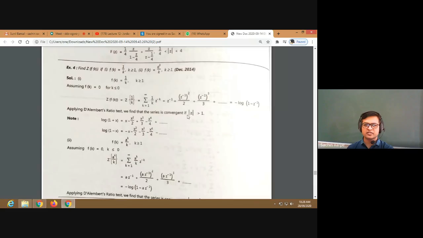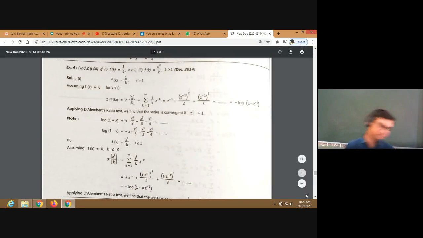Most of the time, students are used to writing only the Z transforms without their region of convergence, but that is wrong. Remember, the Z transform exists in its ROC only. So you have to mention that ROC in the final exam. It depends on the examiner whether it will reduce your 1 or 2 marks, because that ROC is very important.